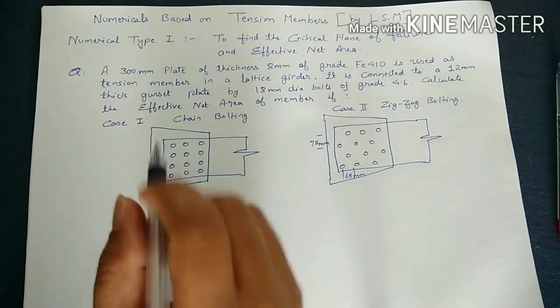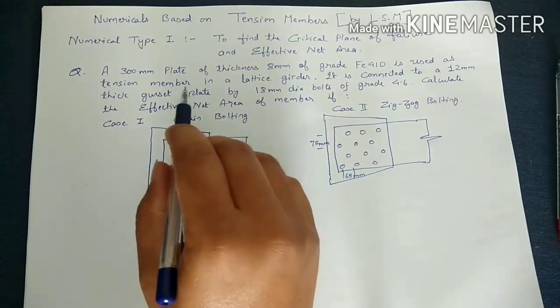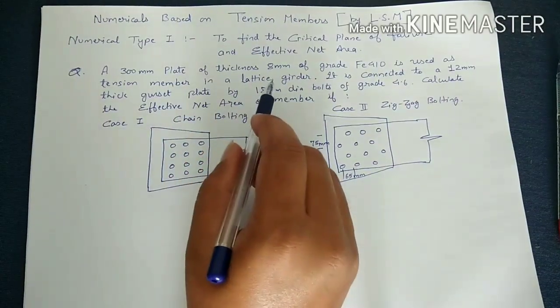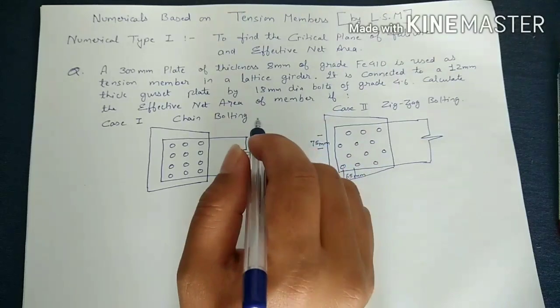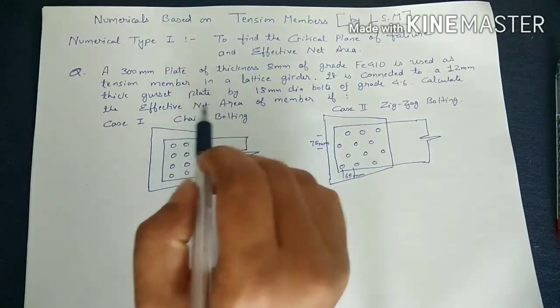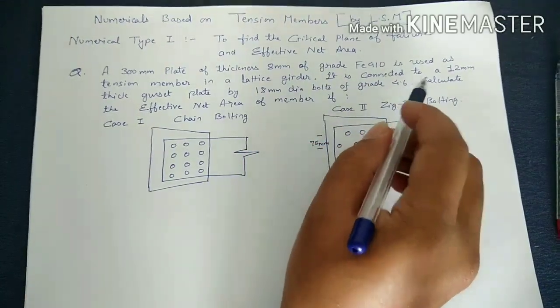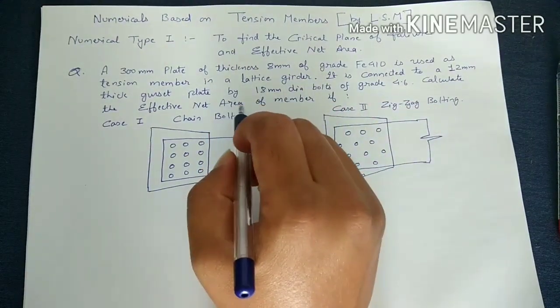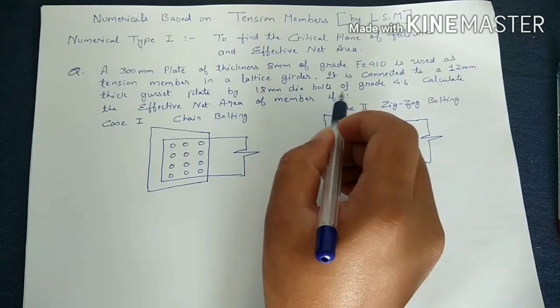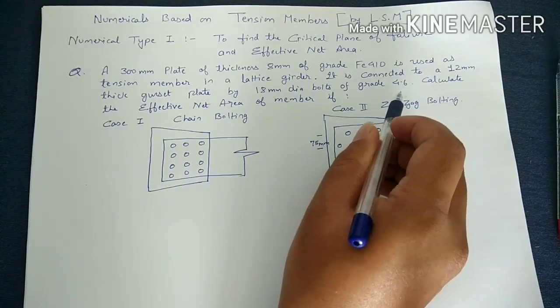The question says that a 300 mm plate of thickness 8 mm of grade Fe410 is used as tension member in a lattice girder. It is connected to a 12 mm thick gusset plate by 18 mm dia bolts of grade 4.6.